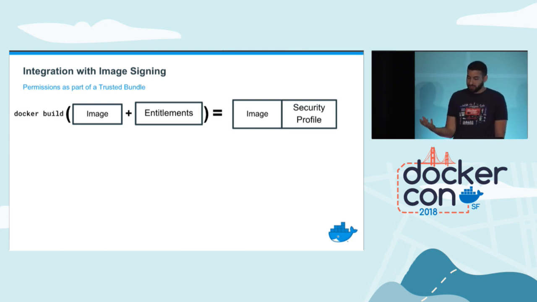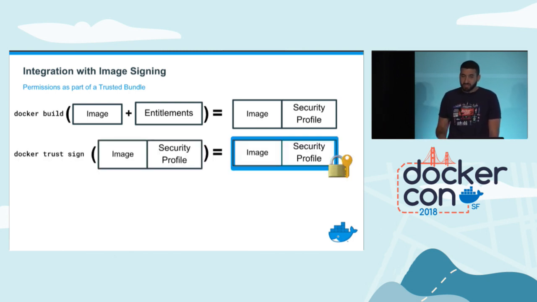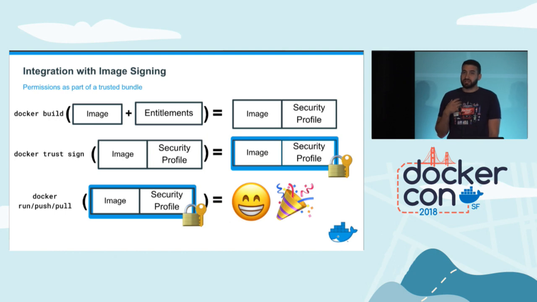So building the entitlements inside the image to create some sort of image with its own security profile, having it signed so that when you receive an image, you know that it's actually created by the exact entity that you plan to place your trust in.